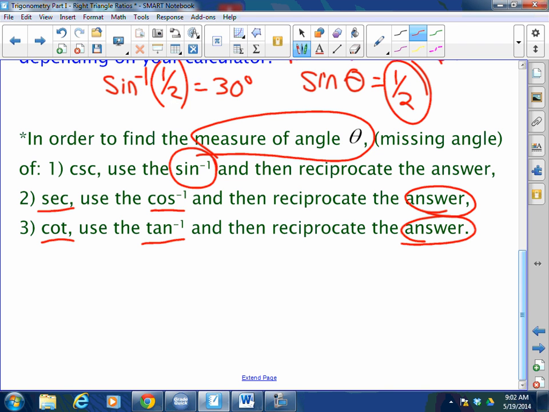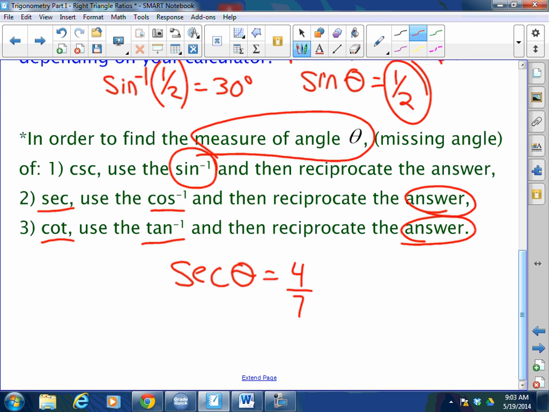If I say to you, find the following theta, I say the secant of some angle theta equals 4/7. Okay? Step 1. Who does secant belong to?